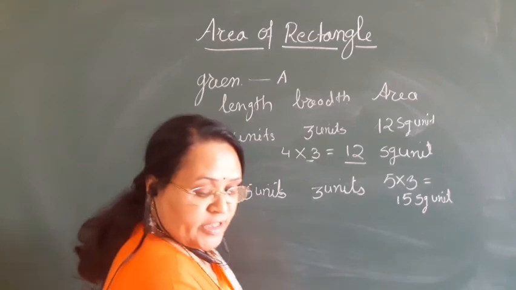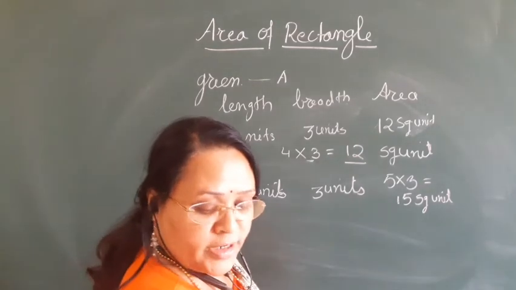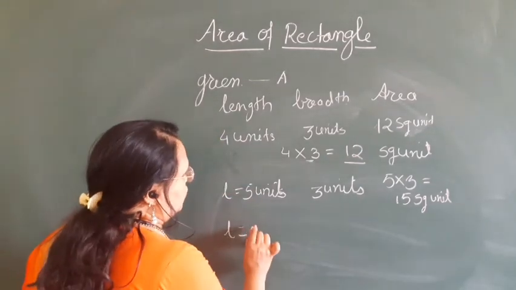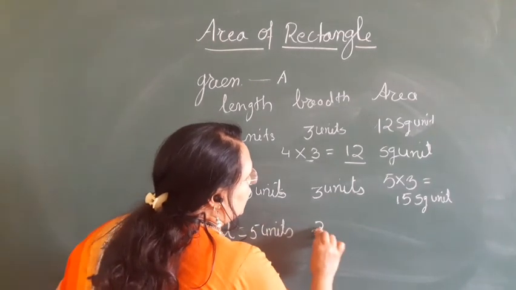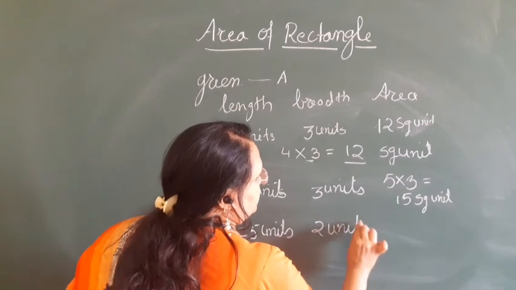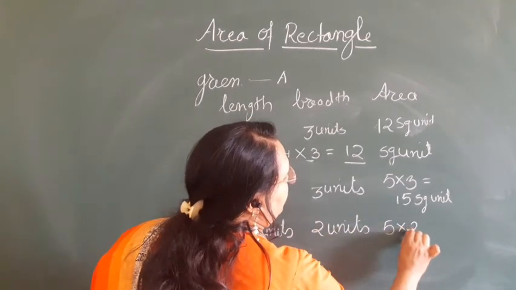Then the third one is given in yellow color. Count: the length equals 5 units and the breadth equals 2 units, that is 5 multiplied by 2.